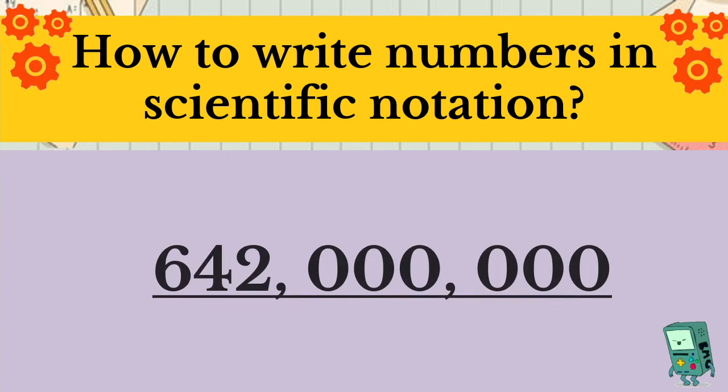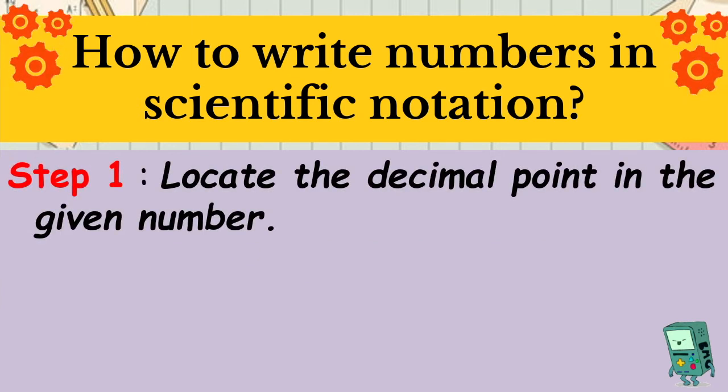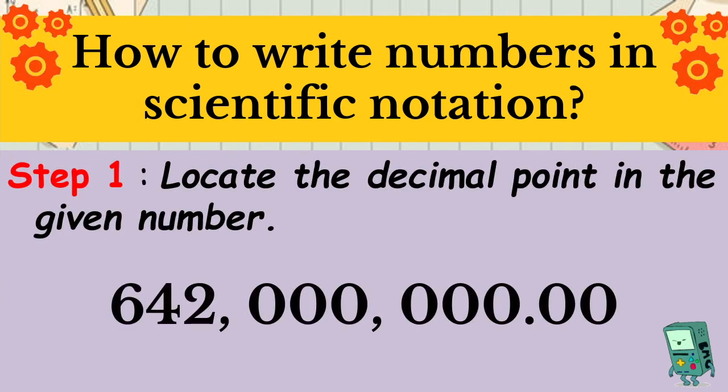How about if the given number is already in standard form and we have to change it into scientific notation? Step 1. Locate the decimal point in the given number. Always remember that the decimal point in whole numbers can be found at the very last part of our number.